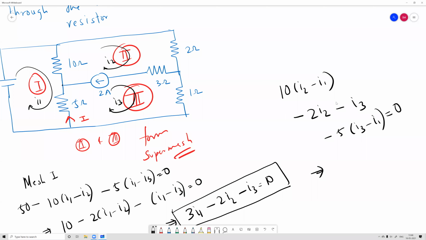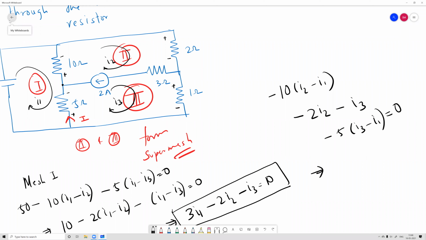I started from this point, plus minus, plus minus. Check. You can start from any point, it doesn't matter. I start from this point, you can start from this point or any point you want. That will not change anything.